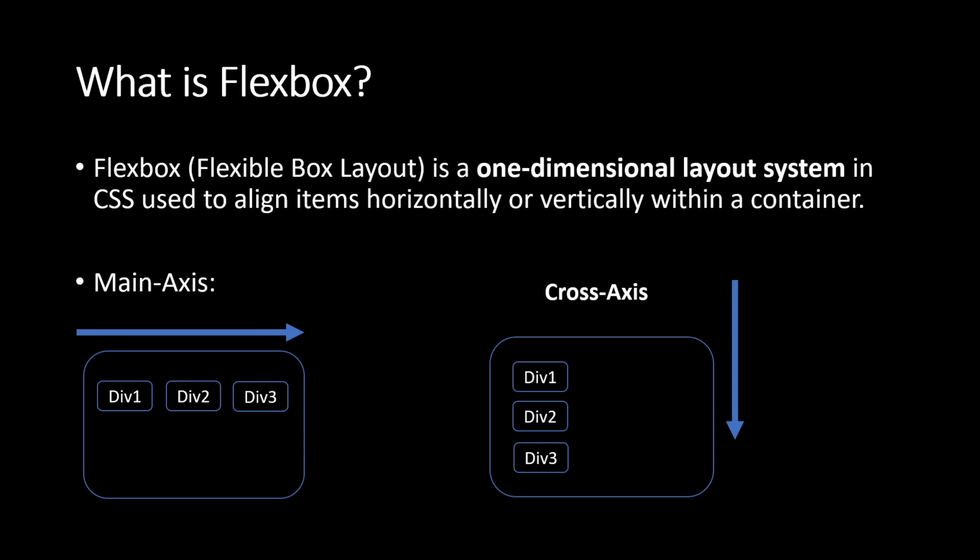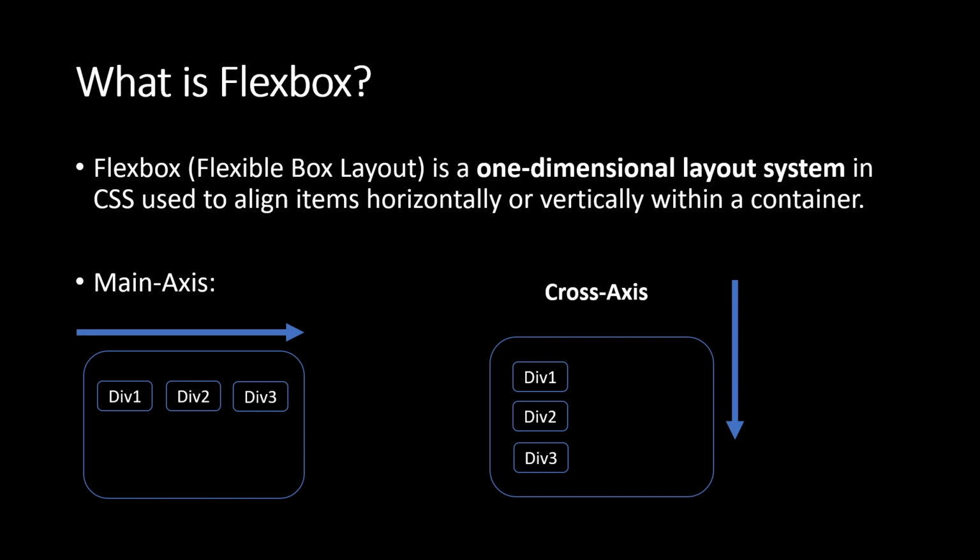So what is Flexbox? It aligns items horizontally or vertically. When we say horizontal, the items are aligned with the main axis. Main axis means horizontal, right? But in the cross axis the items are aligned vertically, right?